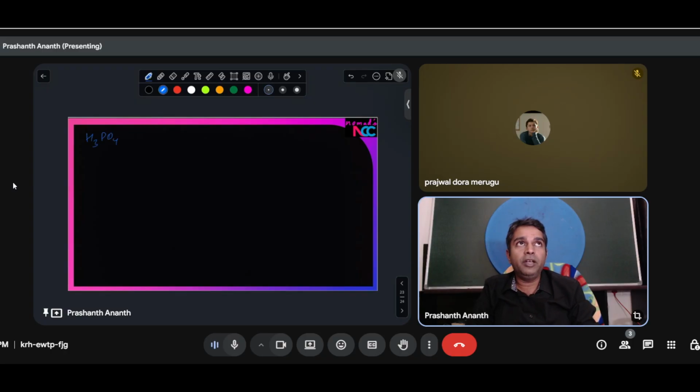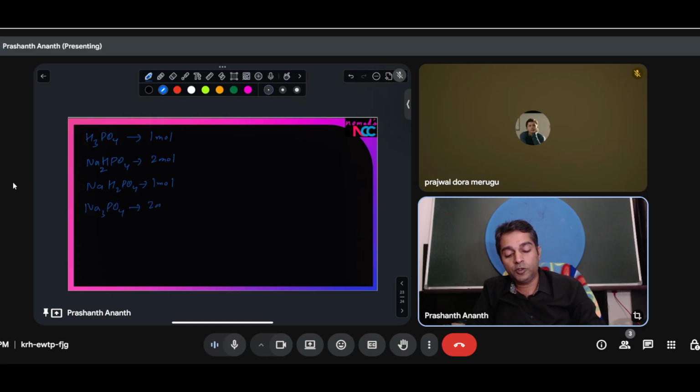Let's say I'm going to be having a solution which contains H3PO4, 1 mole, fine. And let's say I'm going to be having Na2HPO4 being 2 moles, NaH2PO4 being 1 mole, and Na3PO4 being 2 moles.